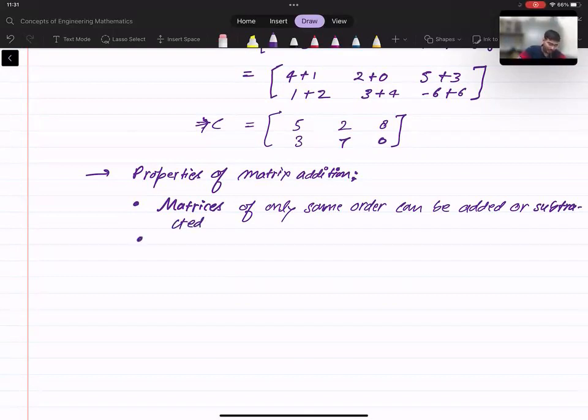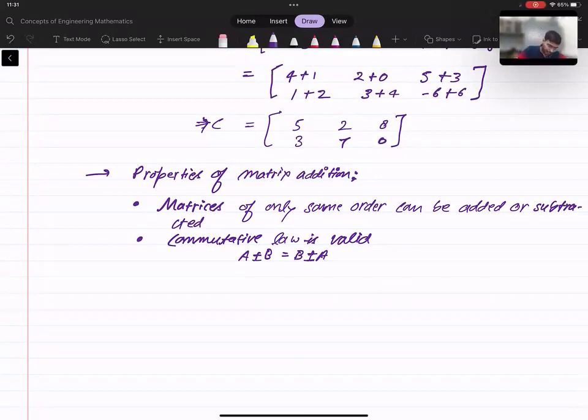And apart from this, the commutative law is valid, which means that matrix A plus B will be the same as B plus A. Or this can even be subtraction. Okay, so the commutative law is valid.